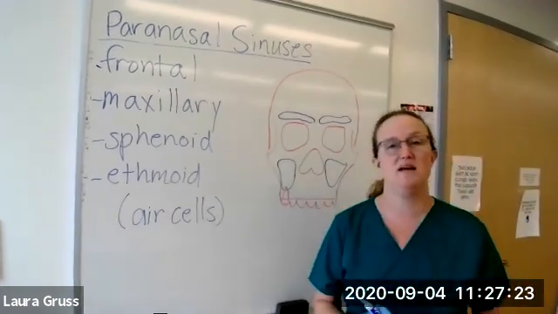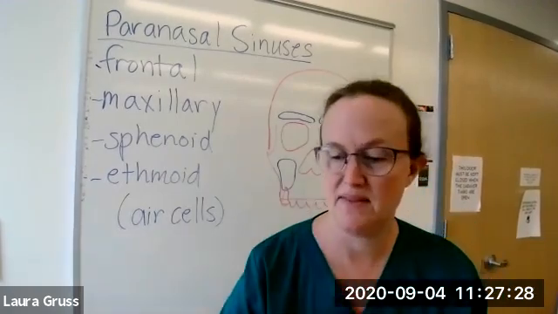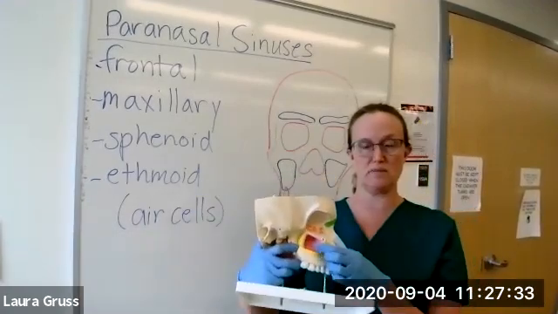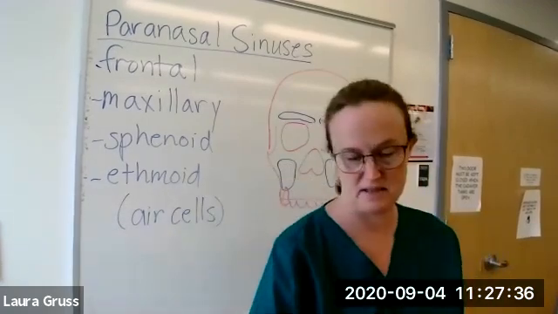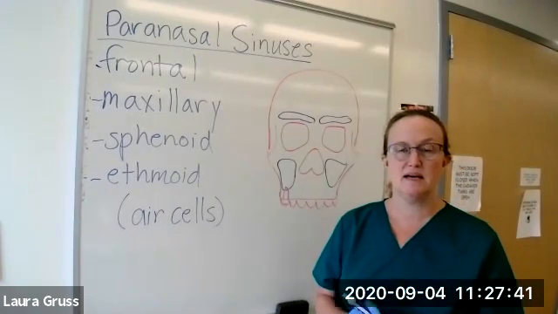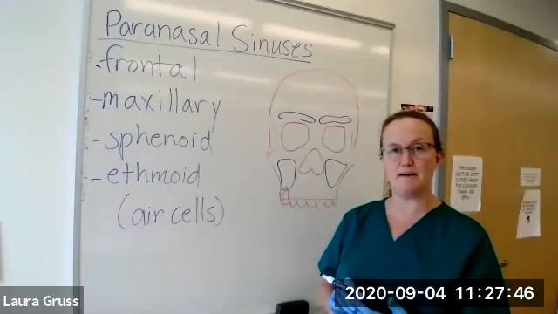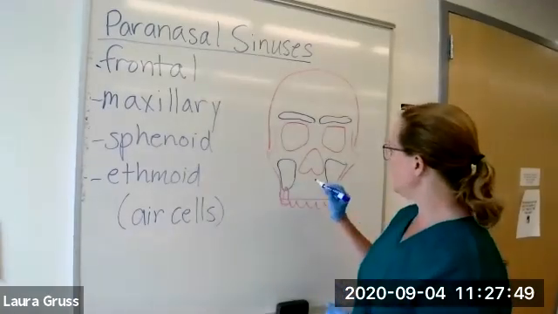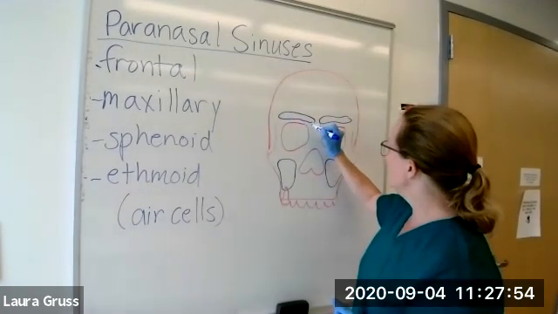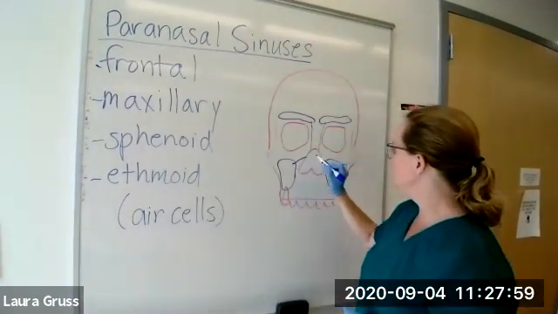Now, all of these paranasal sinuses are lined with a mucous membrane, and that's what this pink stuff is on this model. This is the mucosa or mucosal lining of the paranasal sinuses. So those mucosal membranes, they secrete a mucus, and that mucus typically exits the sinuses through little canals that empty out into the nasal cavity.